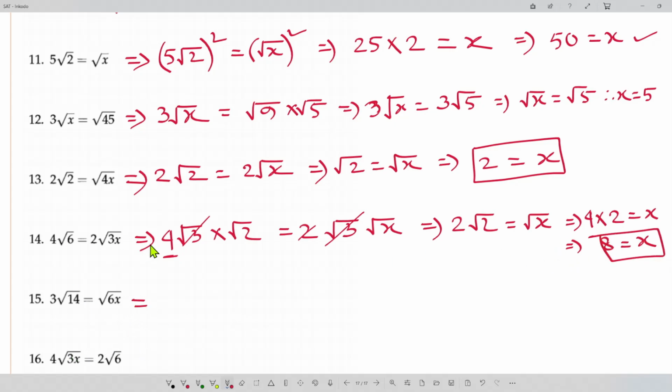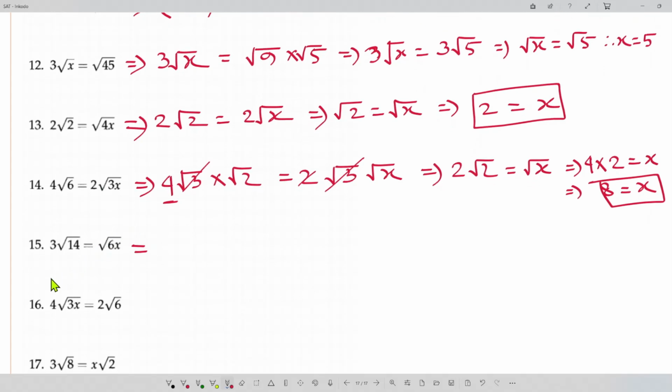Number 15, 3 root 14 equals root 6x. This one we can write, look, this is 14, what can we do? Here 3 times root 14 means root 2 times root 7.